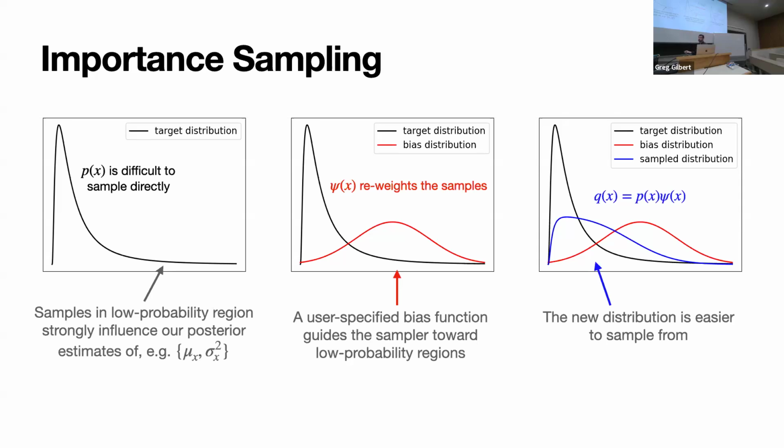So what we want to do is we want to guide the sampler to spend a little bit more time in the tails of the distribution so that our relative sampling efficiency across all regions of the posterior space is more equal. And so we end up with roughly comparable resolution in the different regions.